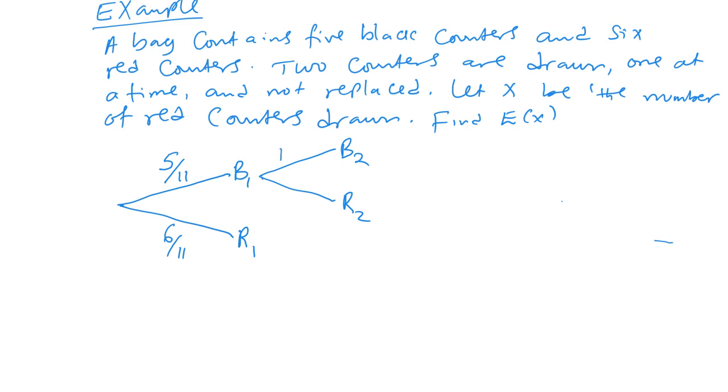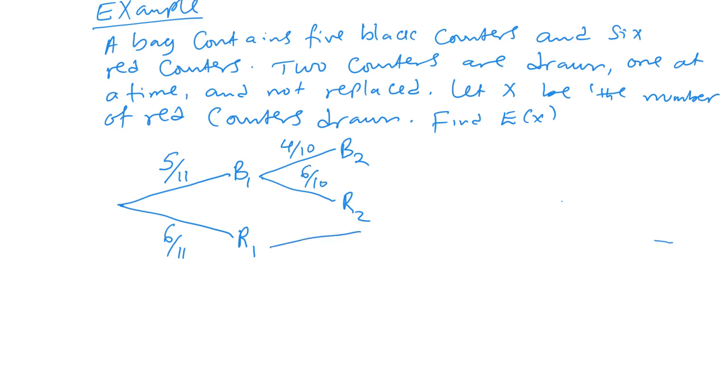The probability of picking the second black now reduces to 4 out of 10. If you pick the first black and then the second red, the 6 red counters have not been tampered with, so this is 6 out of 10.